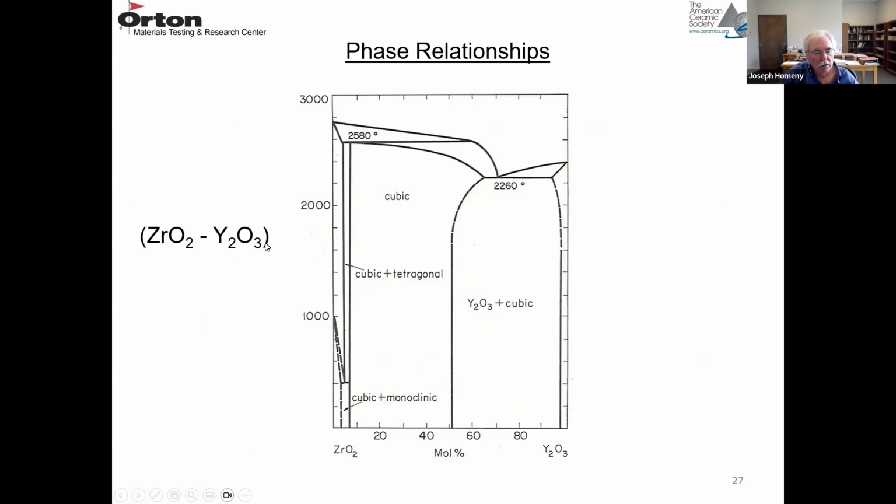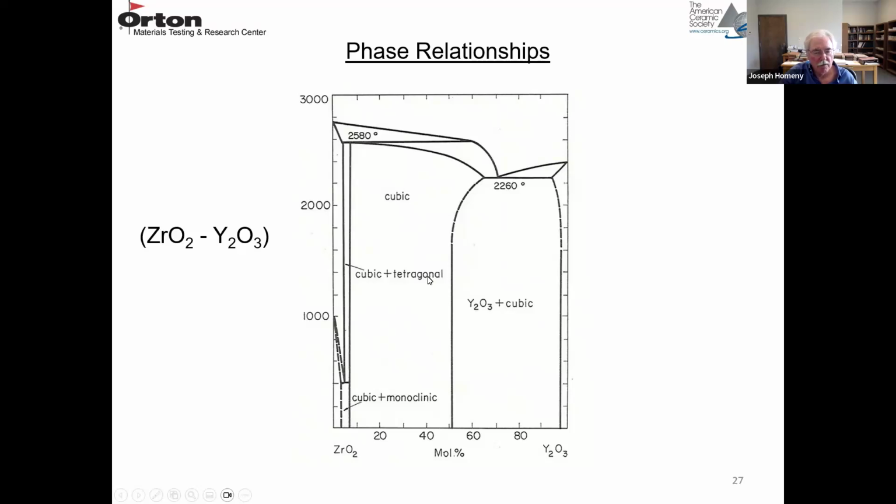If you add Y2O3, this is the phase diagram for zirconia, Y2O3, and this is in mole percent. So this is 100% ZrO2. This is 100% Y2O3. So this large phase field here, right there, is all cubic.